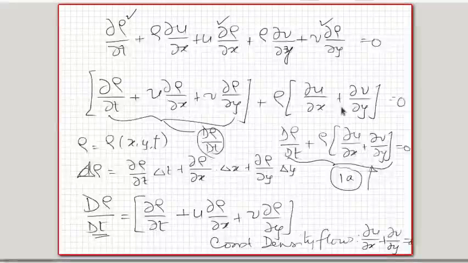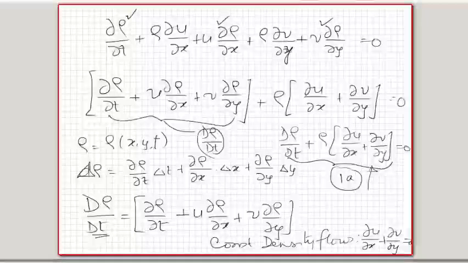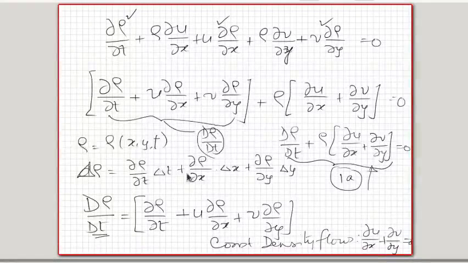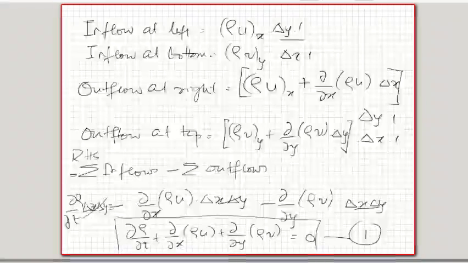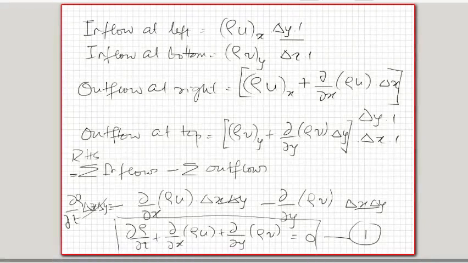So if I take the continuity equation in this form, in the form in which it is appearing in this equation.